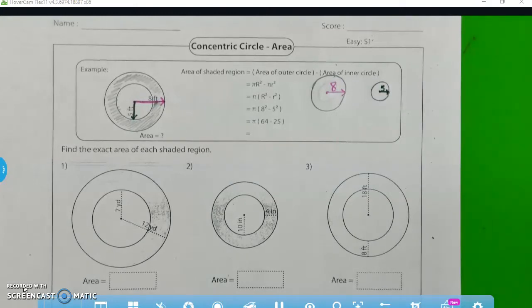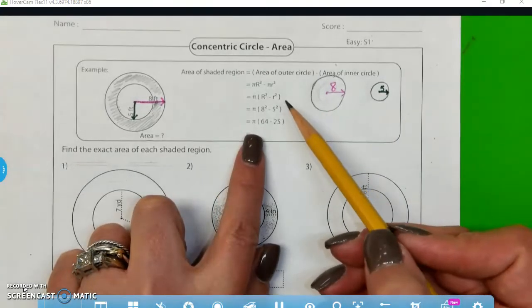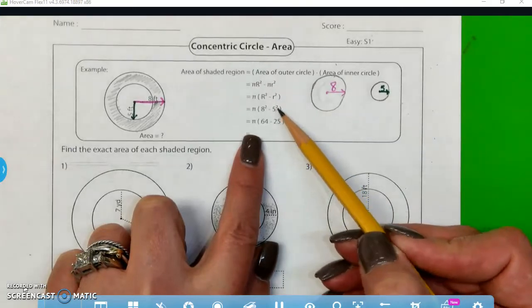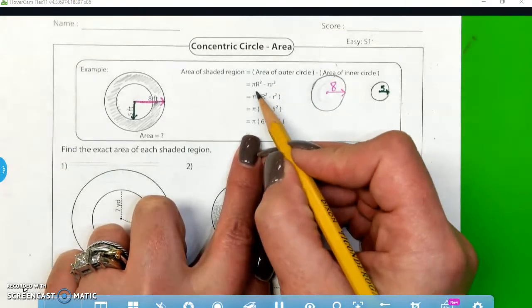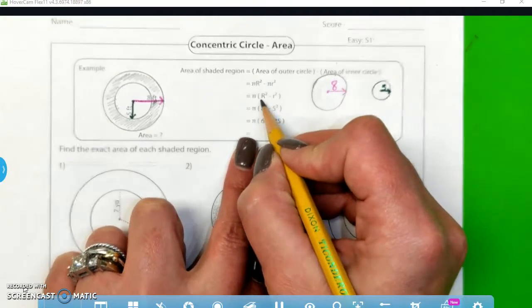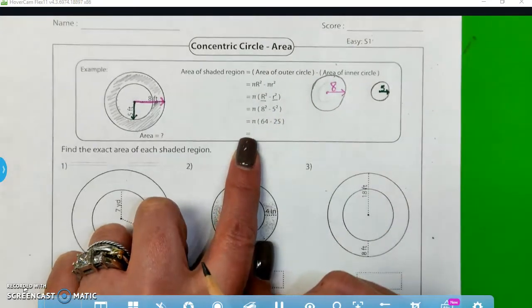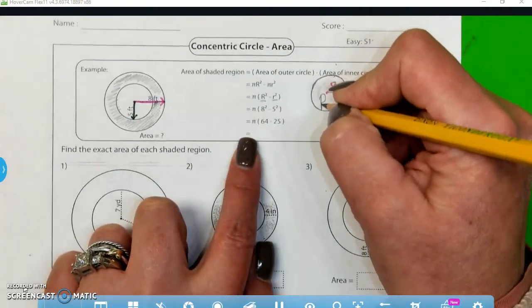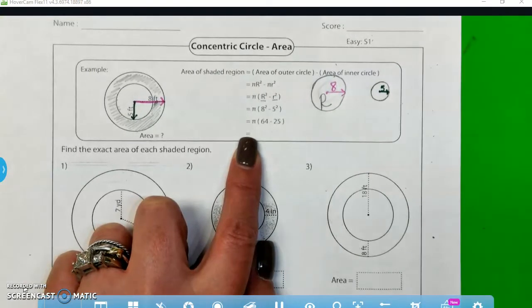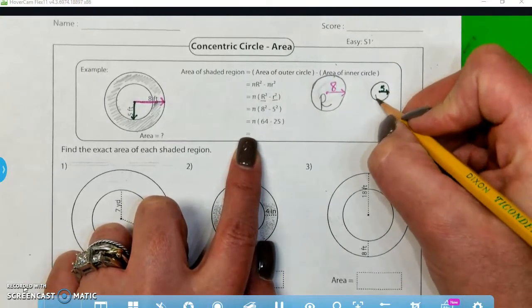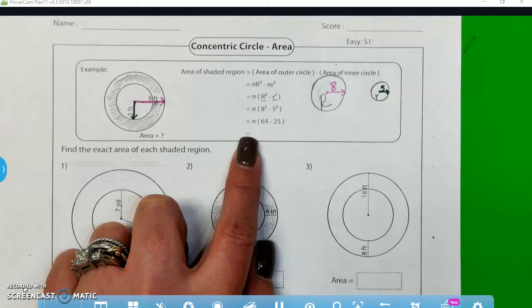Some of you might say, wow, that's a lot of area calculation. We've done it so much. However, we're going to present it in an easier way. Let's work through the steps in this example. You see a capital R and a lowercase r. Capital R refers to the larger circle, and the smaller r to the smaller circle.